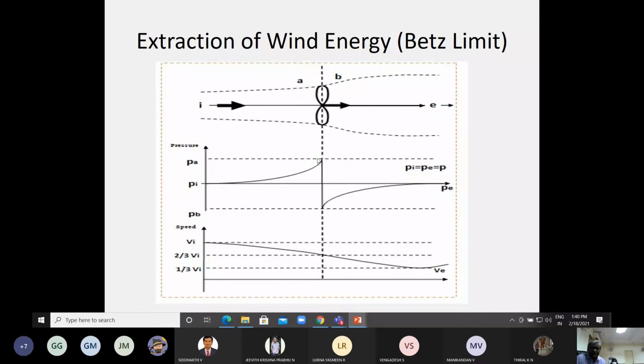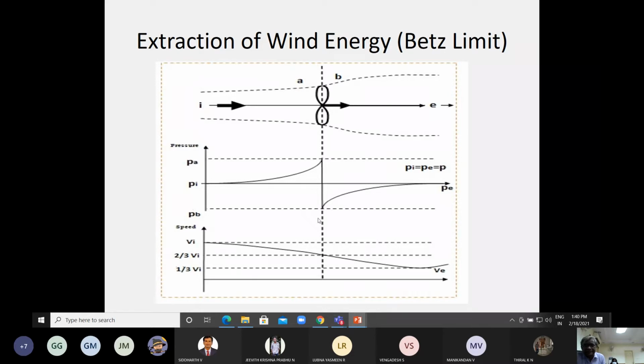At the rotor level the pressure is at its peak, and from the rotor, going out to the exit, it decreases. That is P suffix E, the pressure at the exit, and P suffix I is the pressure at the inlet.